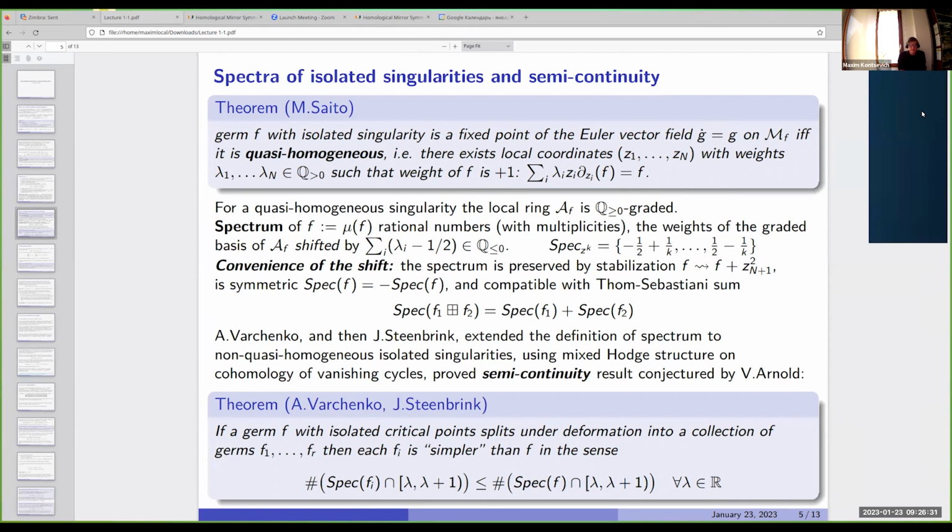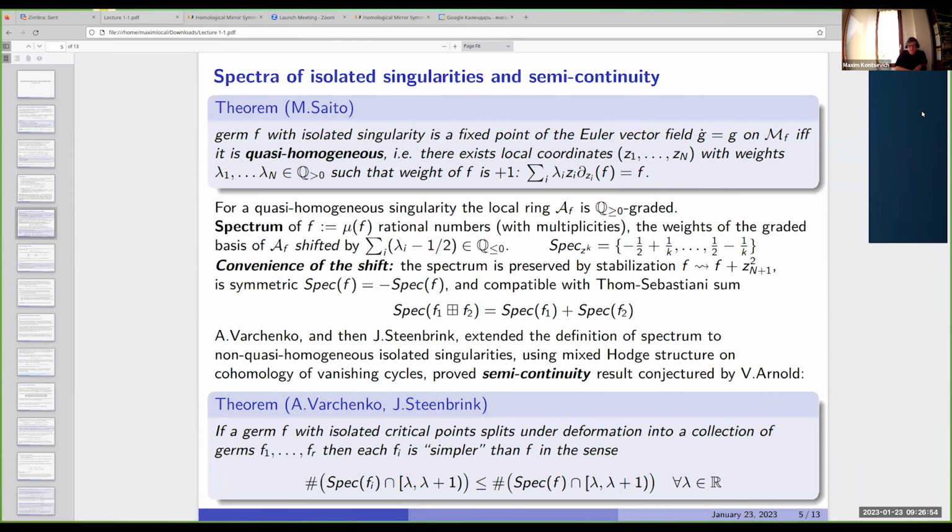Then Steenbrink, with work of Varchenko in a special case, and then Saito in the general case, extended the definition of spectra to non-quasi-homogeneous isolated singularities, and the definition is pretty tricky. It uses mixed Hodge structure and the cohomology of vanishing cycles, so in tomorrow's lecture I will return to it and prove the semi-continuity result, which was originally conjectured by Arnold.